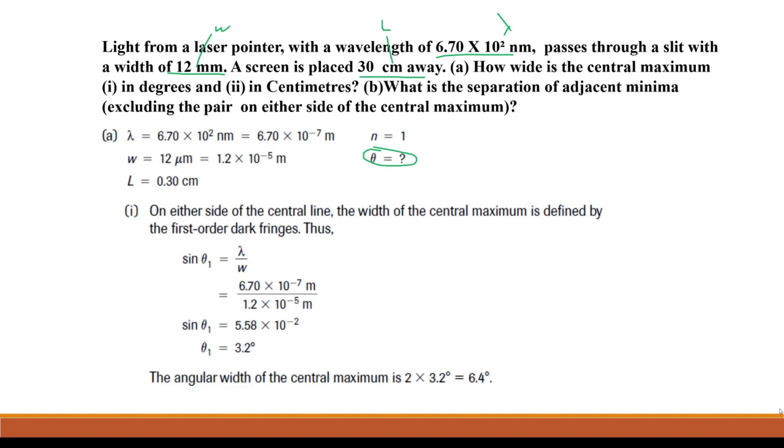So we know that the width of the central maximum depends on where the dark fringes are lying, the first order ones, right? Because they're the endpoints of that central maximum.